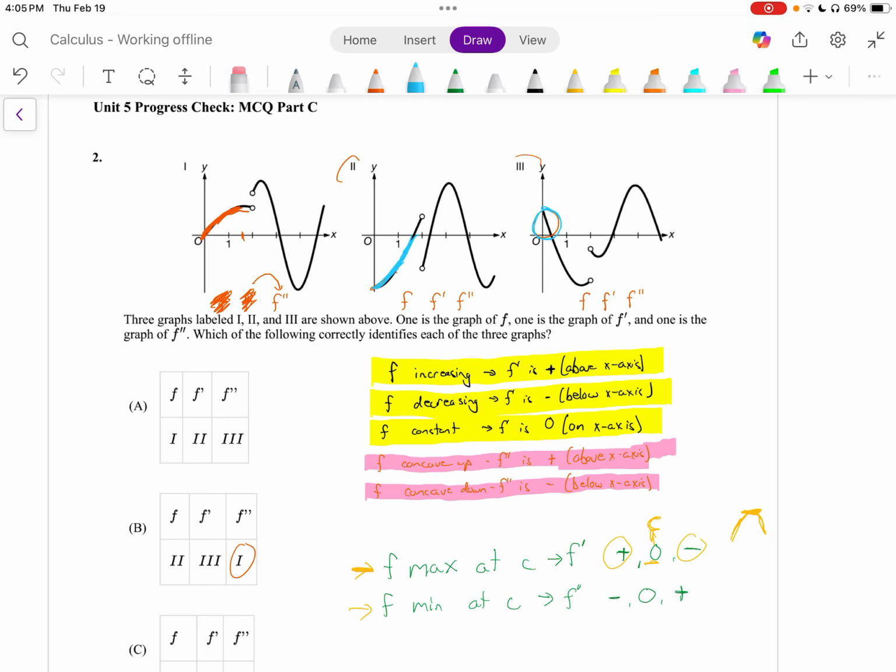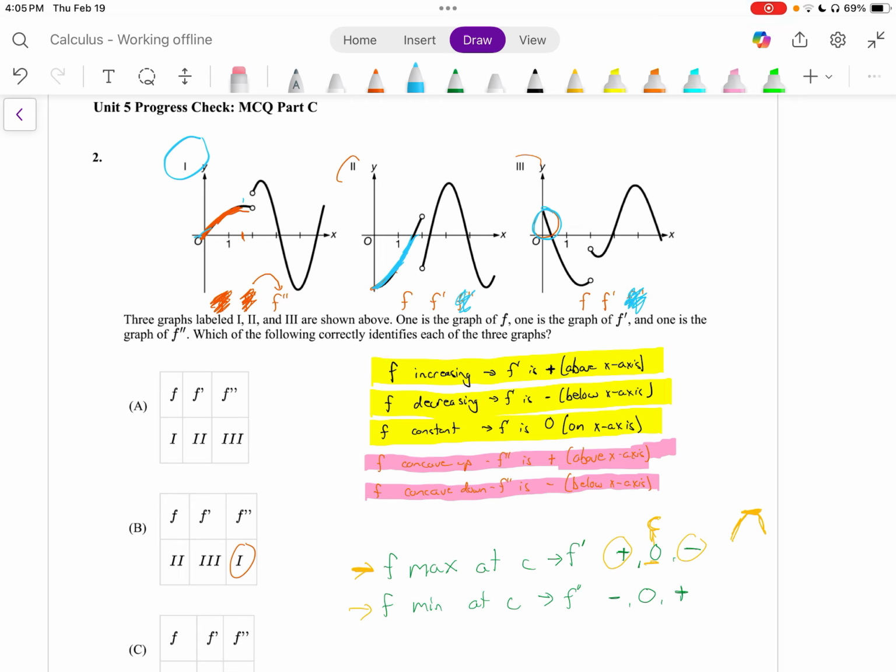Over here, though, this one is increasing. So in 1, it is increasing. So 1 is the derivative of 2. Now let's check. Obviously it can't be these two.